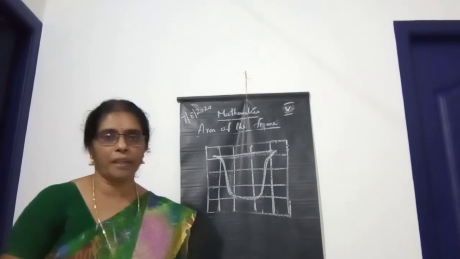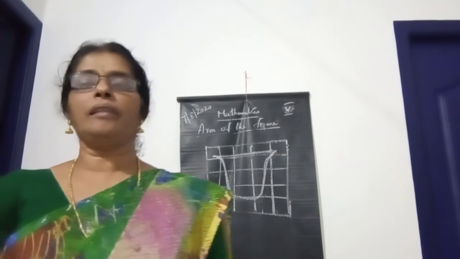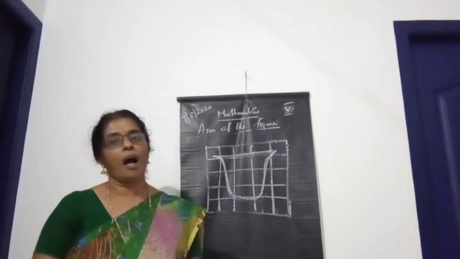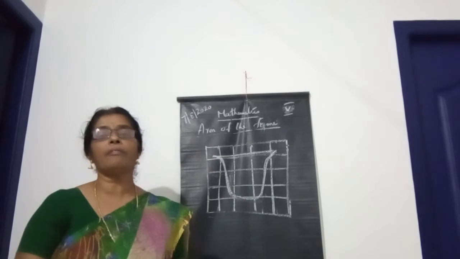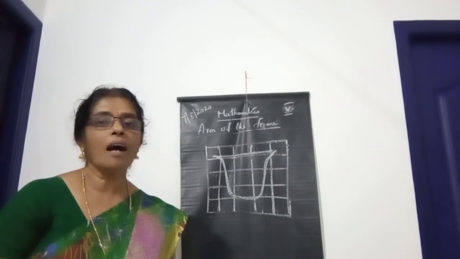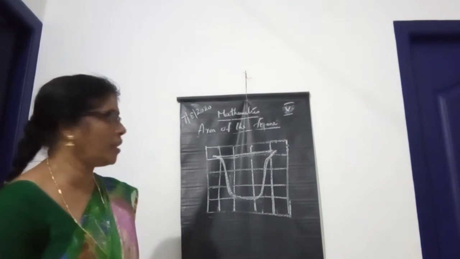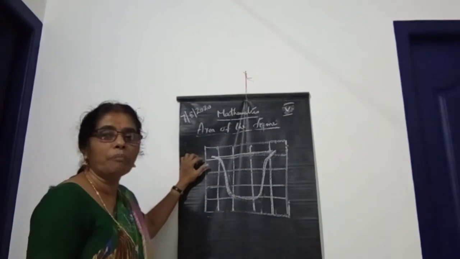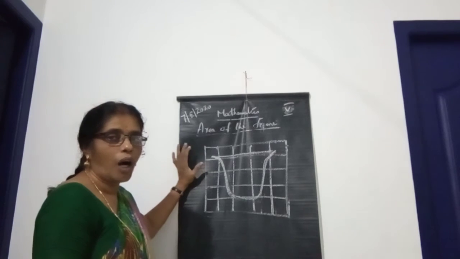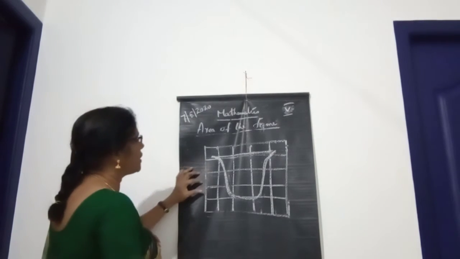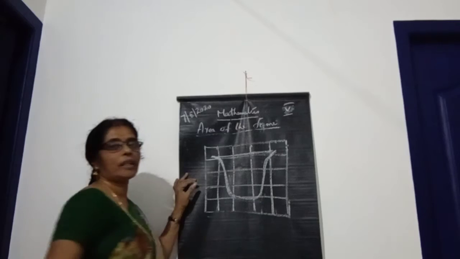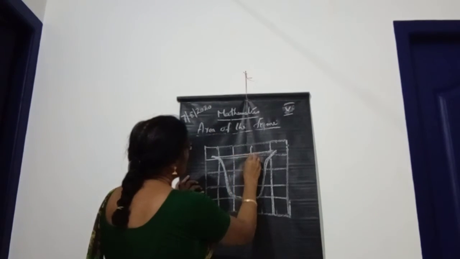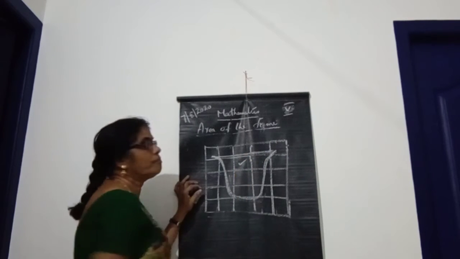First of all, you have to find the number of completed squares, the number of half squares, and then the number of more than half squares, isn't it? Okay, good. Then look here. How many completed squares are here? We can put a tick mark there. This one is completed square number 1.